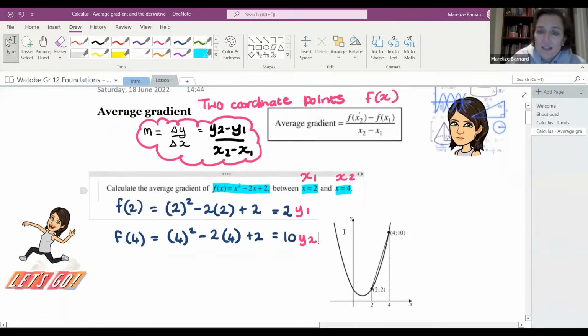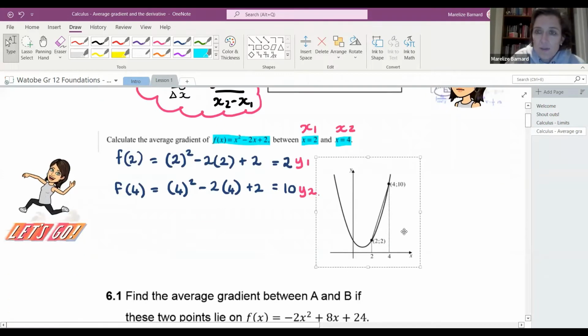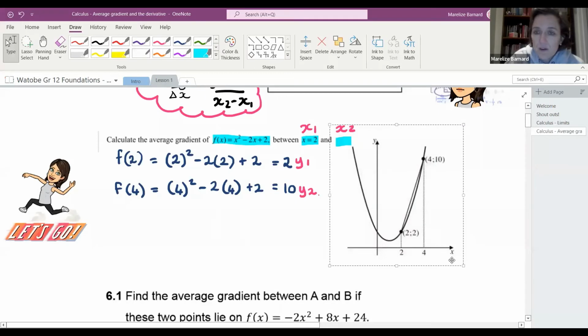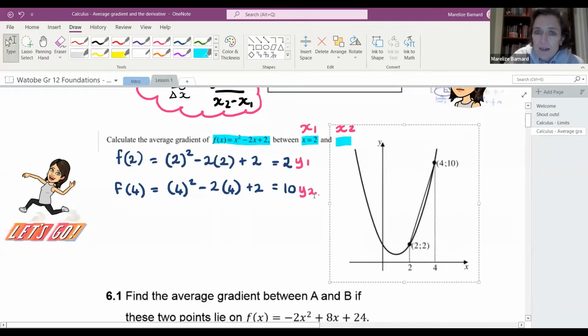On the side, here's a little picture just representing the situation, to give us a more graphical idea of what's happening. f of x is x squared minus 2x plus 2, which is most certainly a parabola. And here are my 2 points that I'm working with, (2; 2) and (4; 10).